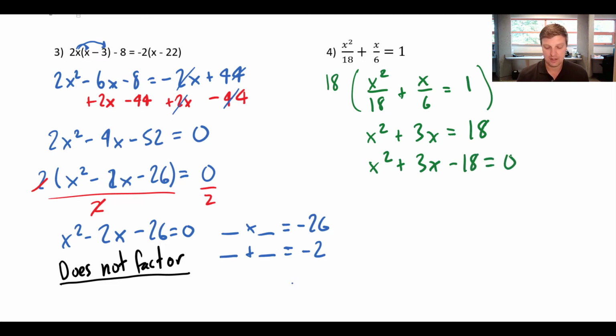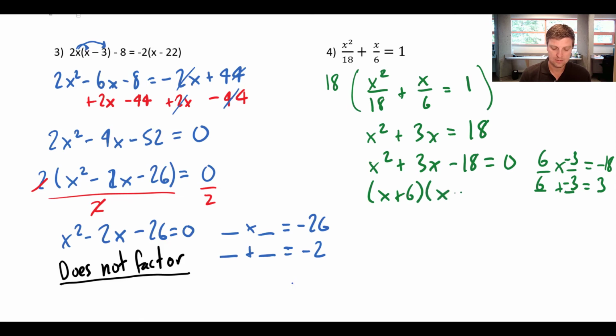And now I can factor like I normally would. So something times something equals negative 18. Something plus something equals 3. And so that would be positive 6 and negative 3. Positive 6, negative 3. And so I get x plus 6 times x minus 3 equals 0.